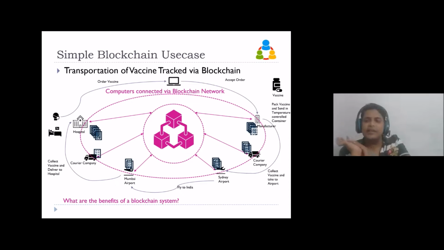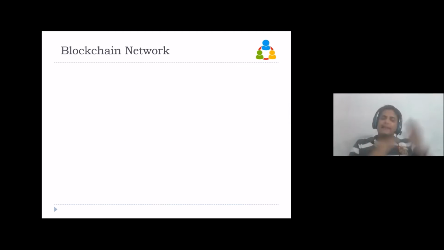So we are clear on what is a network and what is blockchain, right? So I will reiterate what a blockchain network is all about. Essentially, you would have known about computer networks, right?